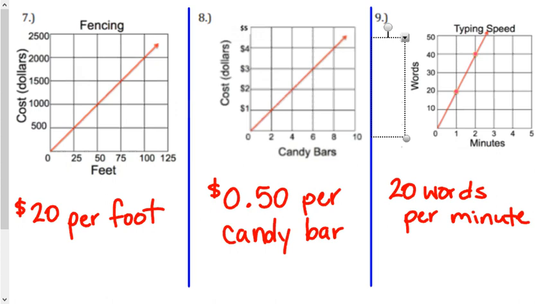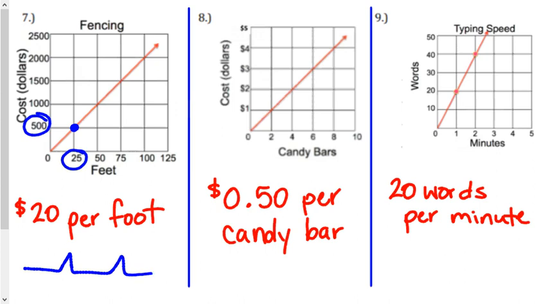So for the first one, it's going to be $20 per foot. And again, I can use whichever point I want to along this line that crosses an axis. So perhaps I want to use this one right here. And so if I use that one, the ratio is $500 for 25 feet.